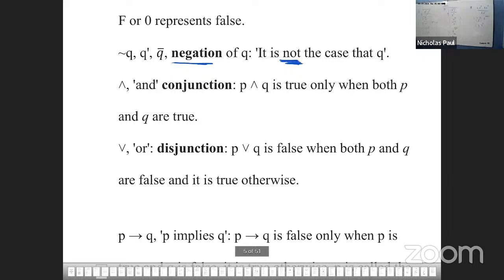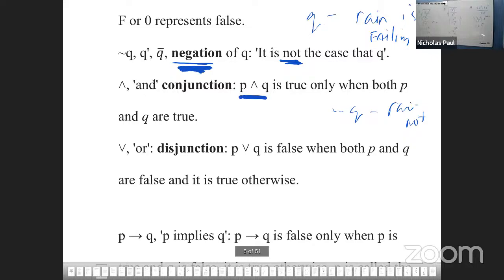So for example, if they said Q is rain is falling, let's say, then the negation of Q will be rain is not falling. That's okay.